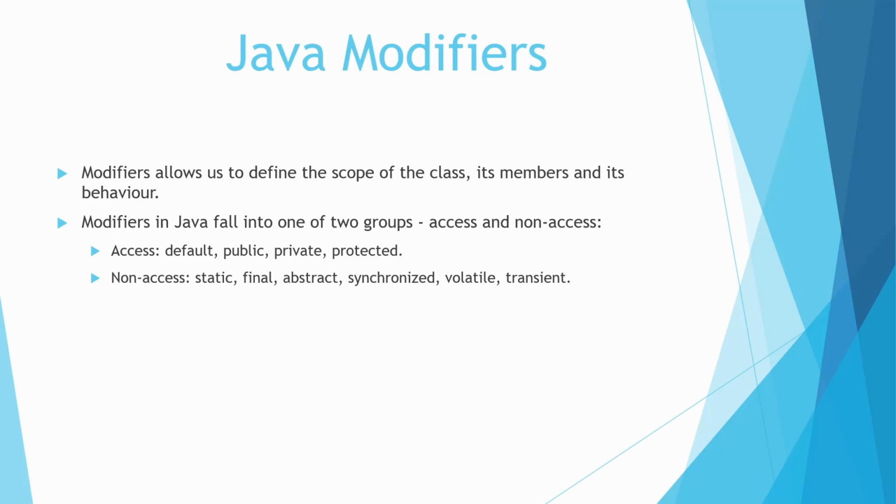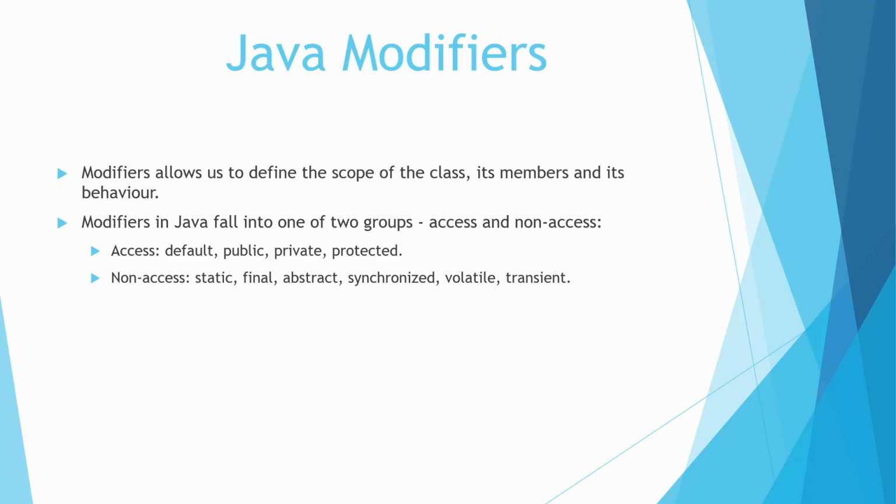Default is visible only within the package, that is kind of private to the package. Public is visible to everyone, everywhere. Private is visible only within the class, and protected is visible within the package or all subclasses. Like if I have a parent class and child class, this concept we'll study in detail when we study inheritance.